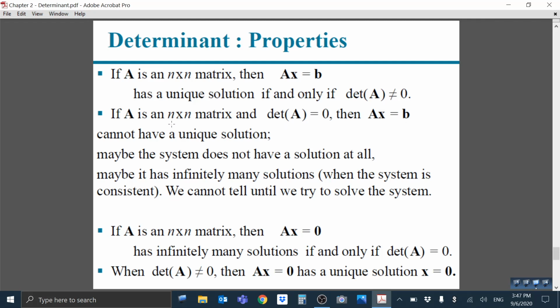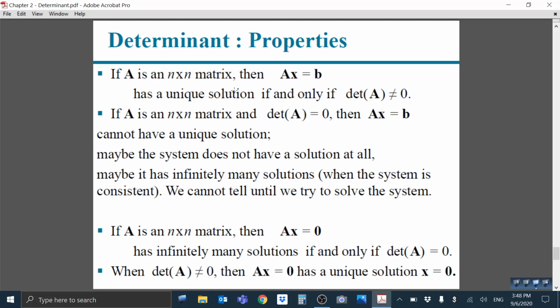So what we learn here, when our system is square and the determinant is equal to 0, which means the matrix is not invertible, is that Ax equal b cannot have a unique solution. So we are left with two options: either no solution, in which case there is a contradiction in the system, so the system is inconsistent, or the system is consistent, and in that case it has infinitely many solutions. Unfortunately, we cannot tell what the situation is. We need to go and try to solve the system, and then we will see.